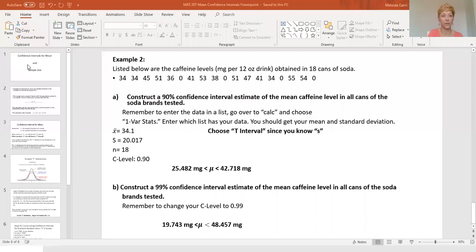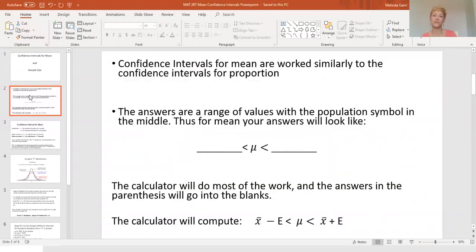All right, so let's go back up here at the beginning. We've got confidence interval for mean, and they're going to be worked similarly to confidence intervals for proportion. So again, you're going to have a symbol between two blanks. But remember what I told you on the last video: you need to make sure you use population symbols.